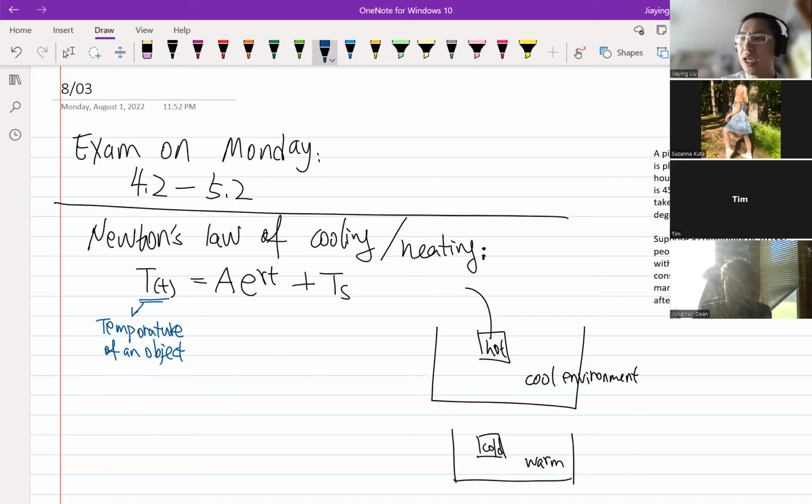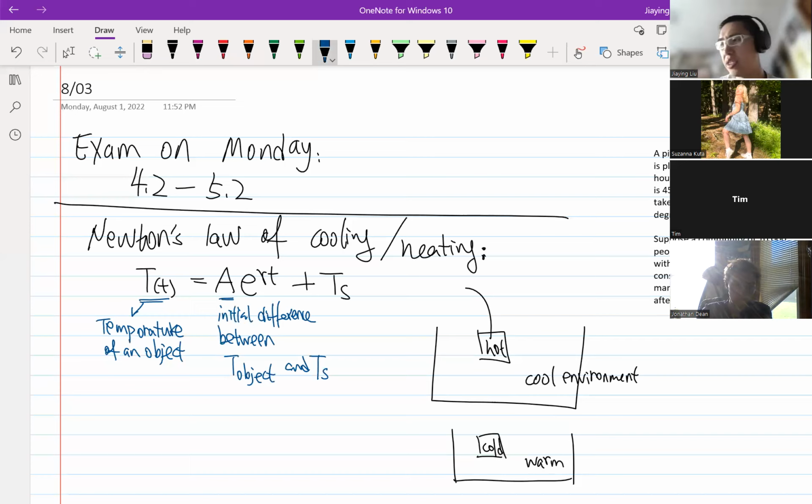And then the A in this exponential part is just going to be the initial difference between the temperature of the object and T sub s. Now, what is T sub s? This is the temperature of the surrounding environment. And again, T sub s just means temperature of the surrounding.